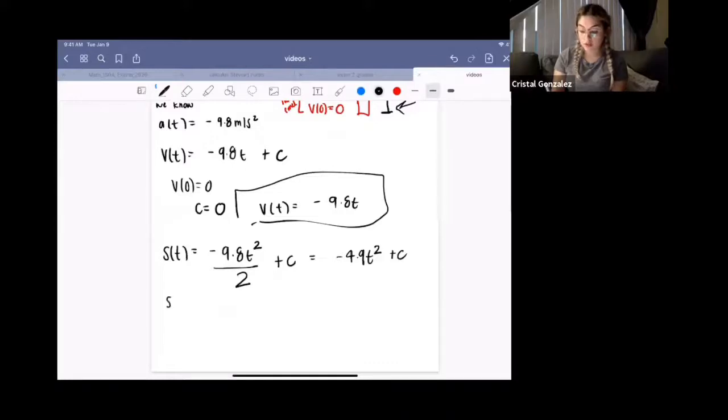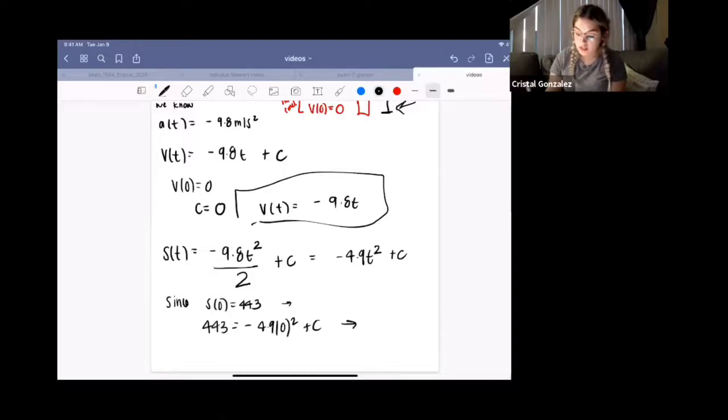So since S of 0 is equal to 443, if we plug that into our function, we're going to get 443 is equal to negative 4.9 times 0 squared plus c.